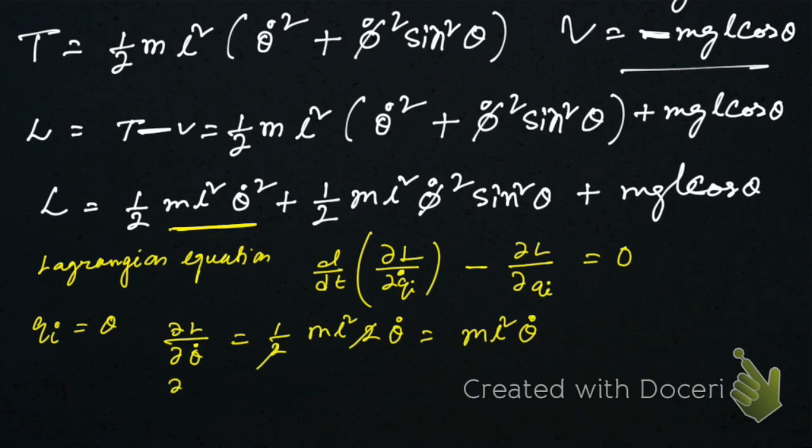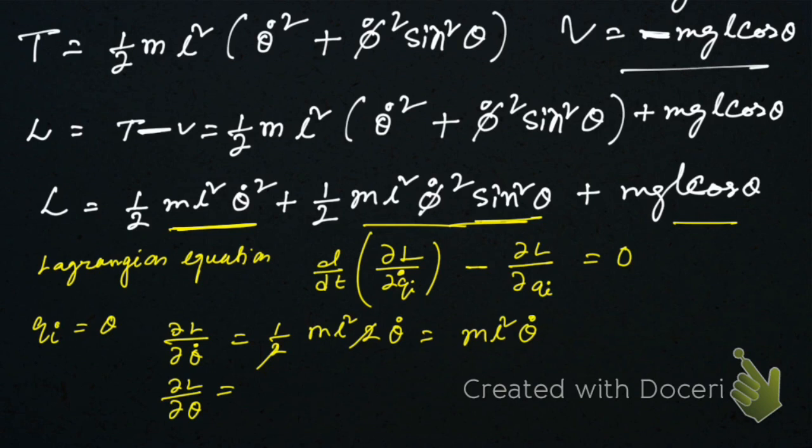Then del L by del theta. This del L by del q i means del L by del theta in this case. If you find that one, here you see you have to differentiate only the terms containing theta. So here the second term and third term can be differentiated.